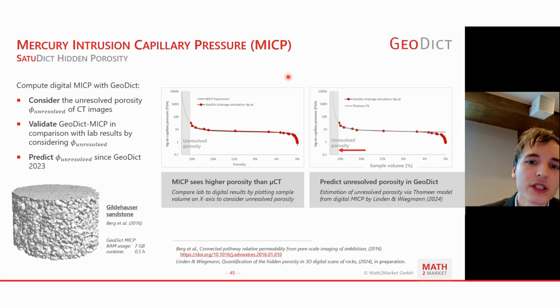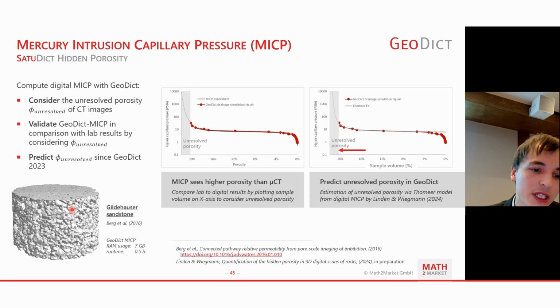As I was mentioning earlier, we also have applications for SatuDict for MICP, which is more or less directly comparable to a lab MICP experiment. With the MICP we offer, you can also compute the Tomer model, which can predict the unresolved porosity that is hidden by the resolution of your imaging method.